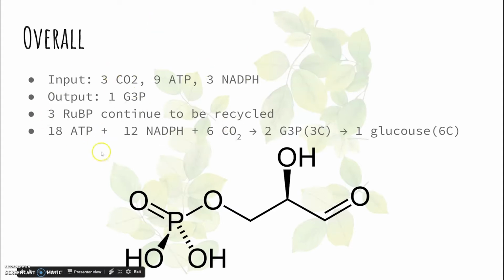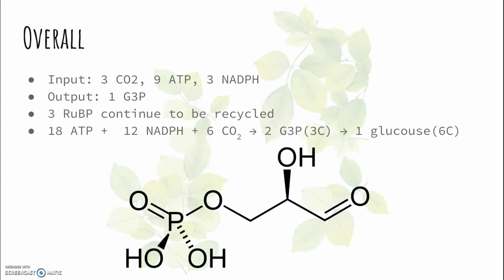So you have CO2 going in, and then ATP and NADPH that came from the light-dependent reactions, and the energy from those is used to turn the CO2 into G3Ps. So 1 output of G3P for every cycle, and then 3 RuBPs are also produced, but the real output is just G3P.